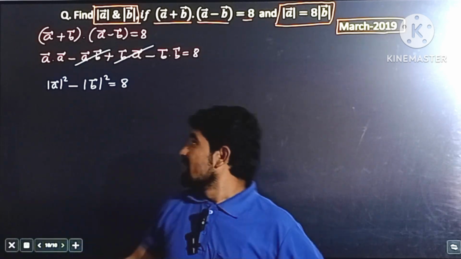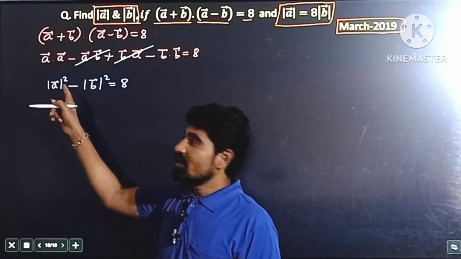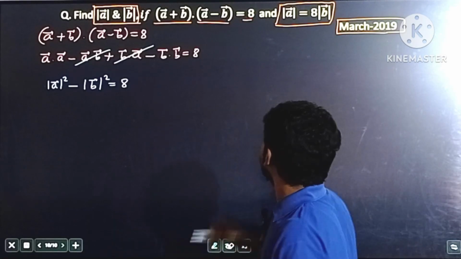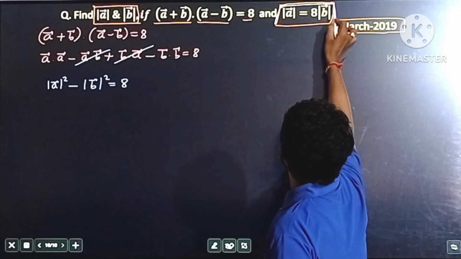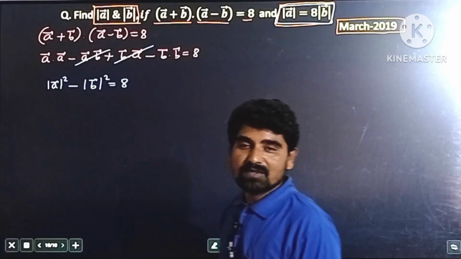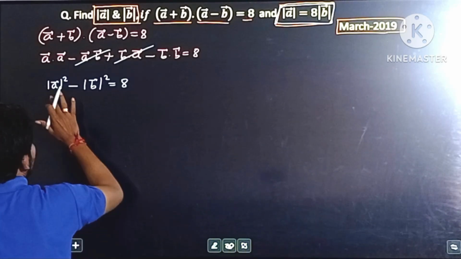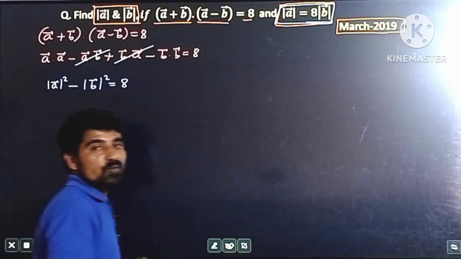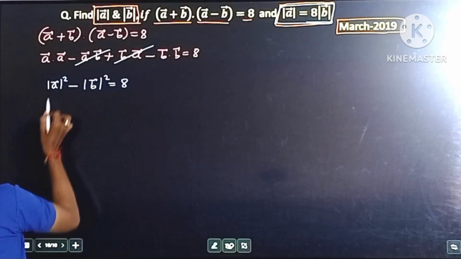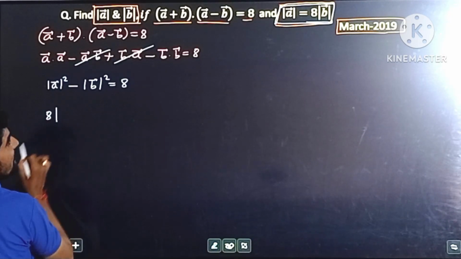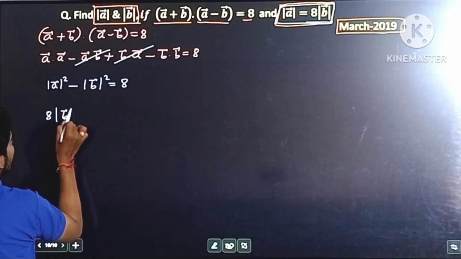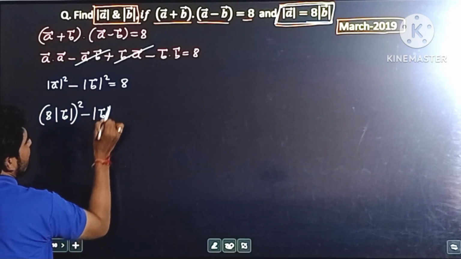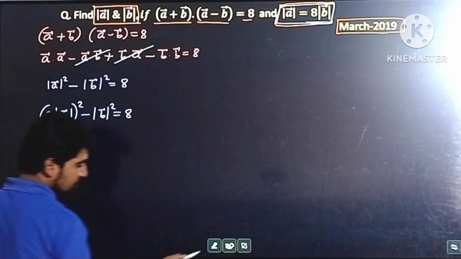Now see here, this equation involves the magnitude of a vector and magnitude of b vector, but we need each of them separately. For that he has given that magnitude of a vector is equal to 8 times the magnitude of b vector. So in place of magnitude of a vector, I can replace 8 into magnitude of b vector. So (8 into magnitude of b vector) whole square minus magnitude of b vector square is equal to 8.